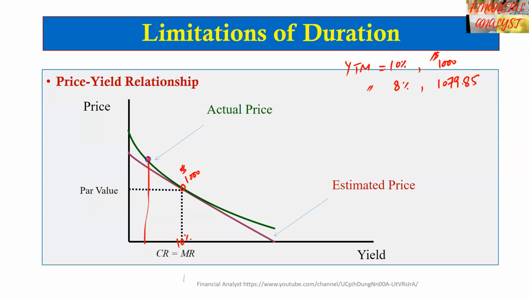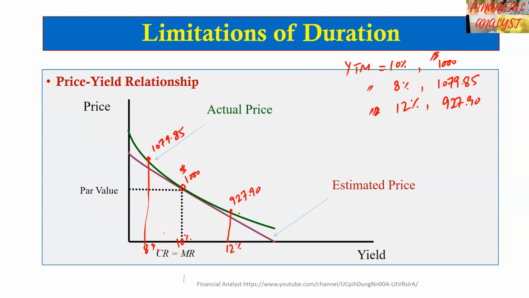So the bond value at this point is 1079.85. That is the actual price of the bond. Then when YTM was 12%, we saw the price of the bond was equal to $927.9. This is something here. Let's suppose we put this equal to this point. So at this point the price is 927.90. That's the actual prices at 8% and 12%.